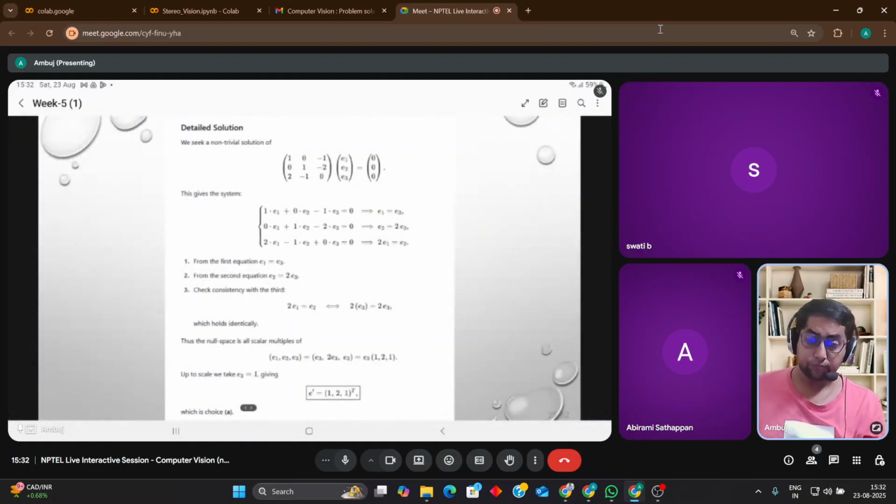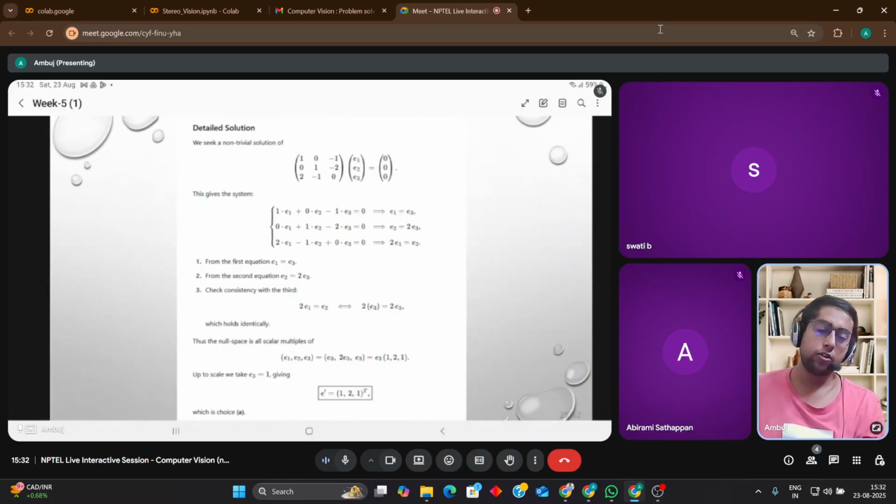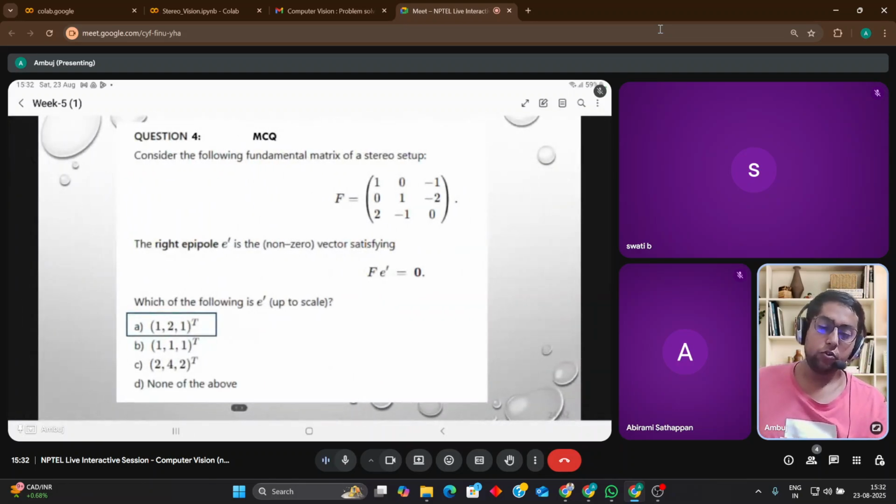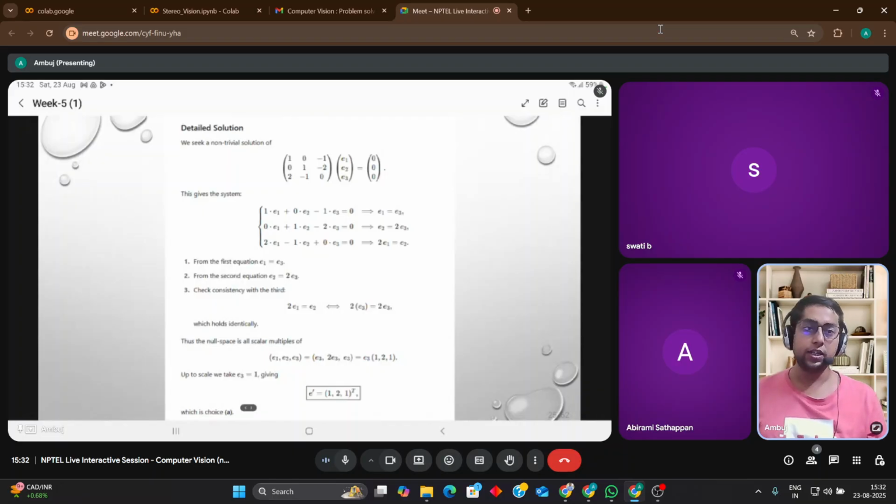How? First of all, we have to seek the non-trivial solution. Nothing new. F into E dash equal to 0 has been given to you, and from the theory itself you know that this equation holds. You try to write down E dash as the matrix E1, E2, E3, and then F into E dash equal to 0 will give you a system of equations.